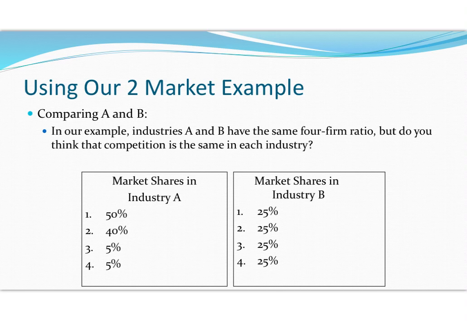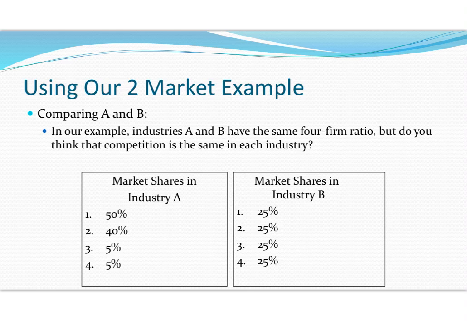One of the downfalls of the concentration ratio is it may or may not show that difference. So if we do a CR4 here, because there's only 4 firms in each industry, we get that they're both equally competitive. Yet we don't have the sense that they're equally competitive, because in industry A, 90% is held by 2 firms. In industry B, 50% is held by 2 firms.